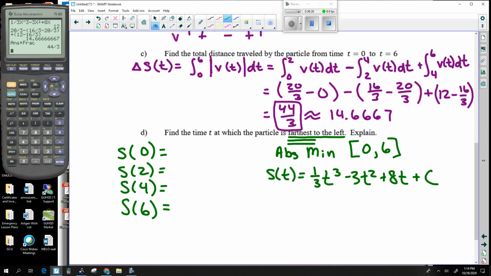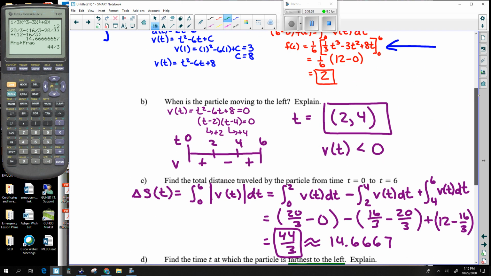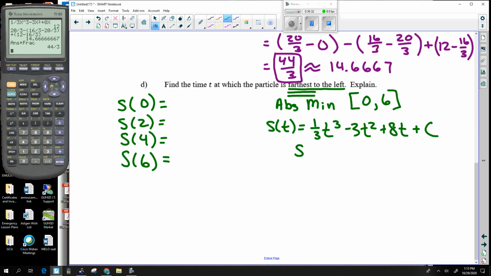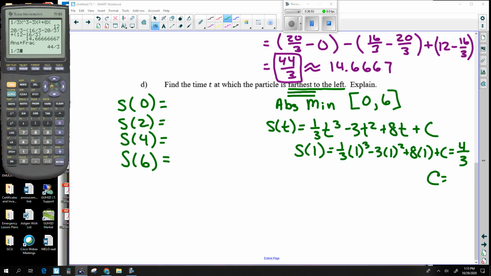But then, because I'm taking an indefinite integral, it creates this c, but I think they give me a value to work off of. Yeah, s of 1 is equal to 4/3. So s of 1 is equal to 4/3. So this is what, one-third minus 3 plus 8. And I'm going to take 4/3 minus that answer.